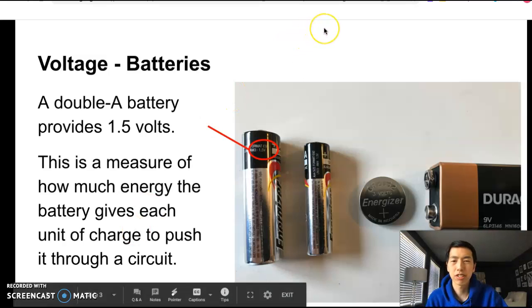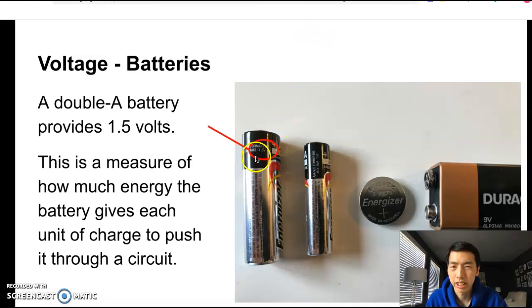So I took a picture of some batteries I had in my house here. The first one is a AA battery, and if you look really carefully, it's labeled with its voltage. So this AA battery will provide 1.5 volts to a circuit. So that's a measure of how much energy it will give to a circuit that it's connected to.